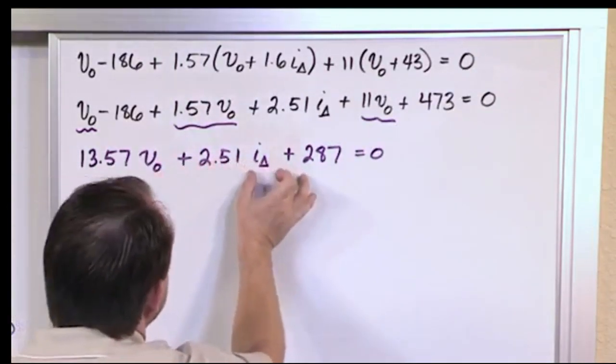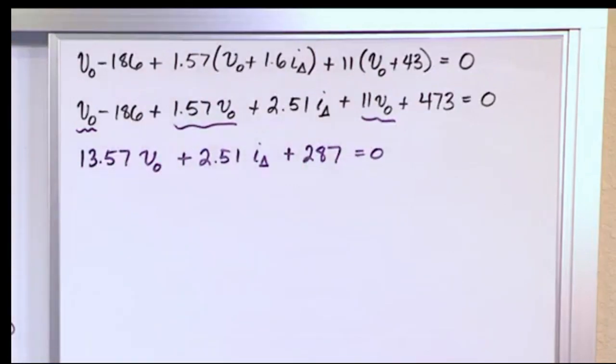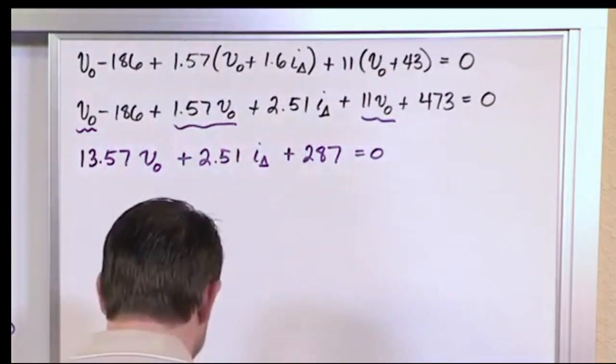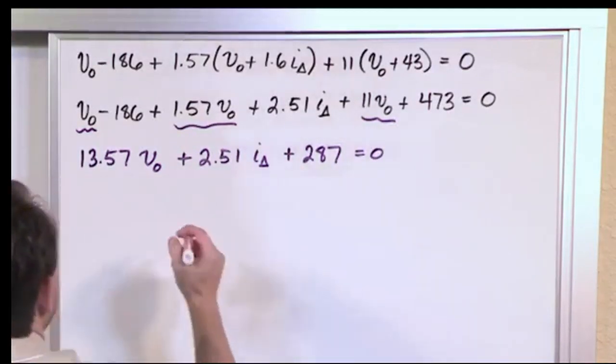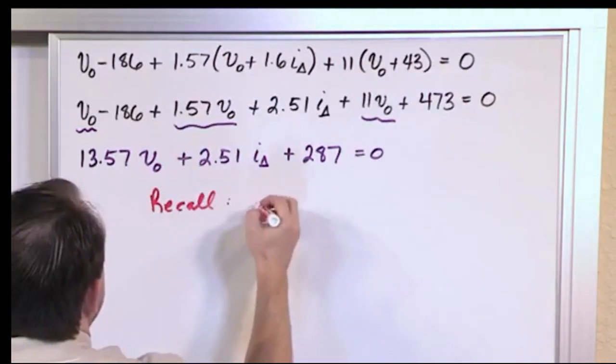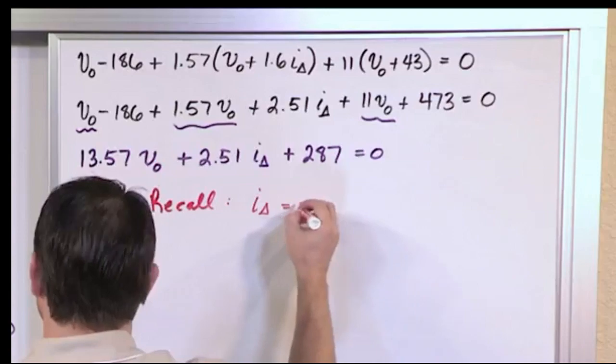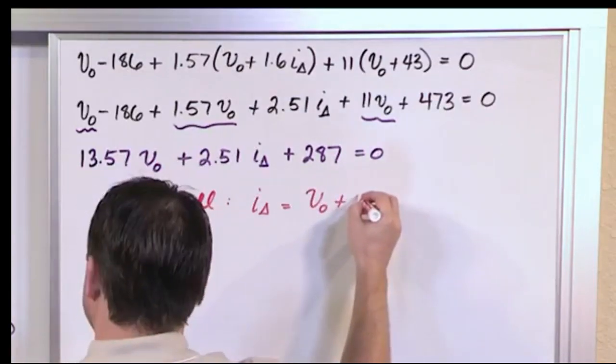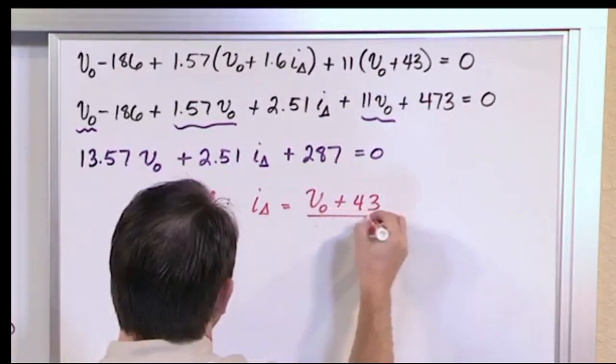We have V naught and I delta. Now what we need to do is substitute in for the I delta that we actually know. So let's write that down over here. So we'll recall that I delta is V naught plus 43 over 2.